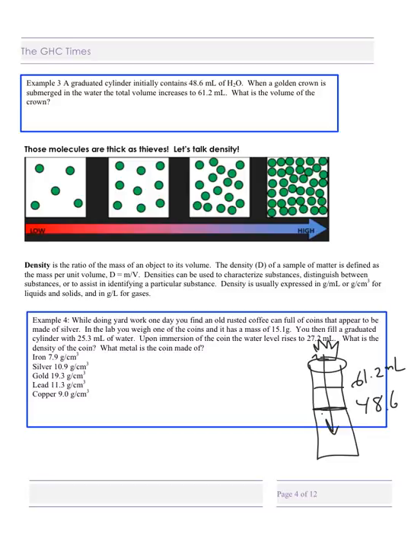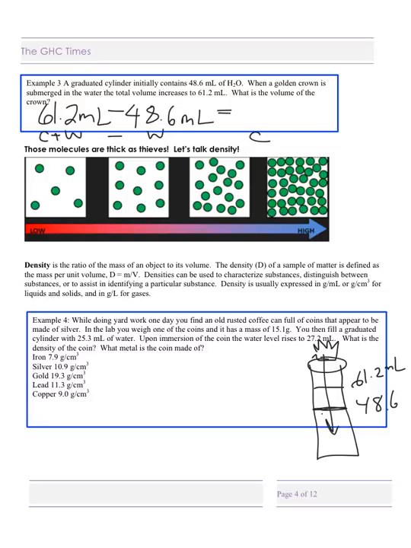So in order to determine this, we are going to take the volume of the crown and the water, 61.2, and we are going to subtract the initial volume of the water without the crown, which was 48.6 milliliters. So volume of crown plus water minus volume of water should give us volume of crown.